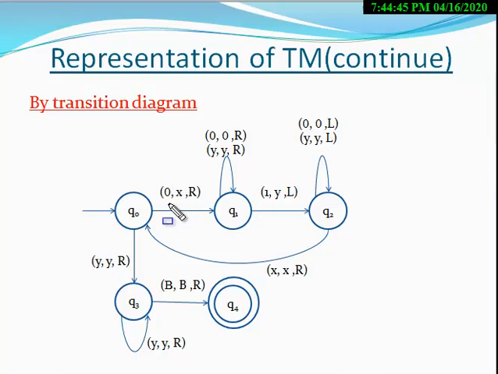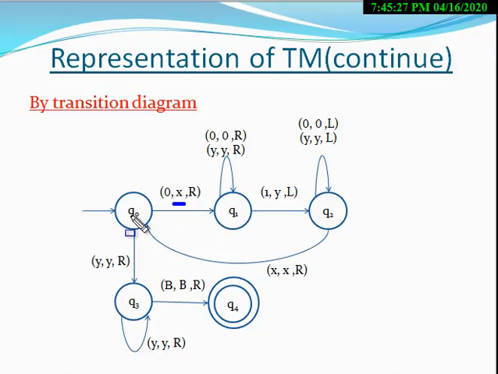Second action: 0 is replaced by the tape symbol X. Third action: the head of the machine moves in the right direction. So all these three actions will be performed. The first action, the machine changes its state from Q0 to Q1. The second action, 0 is replaced by X, and third action, the machine moves to the right direction.